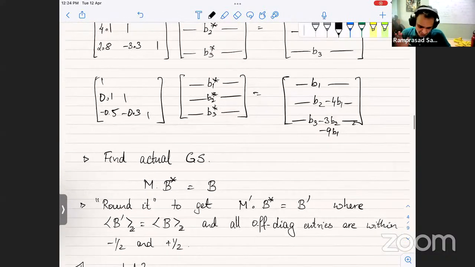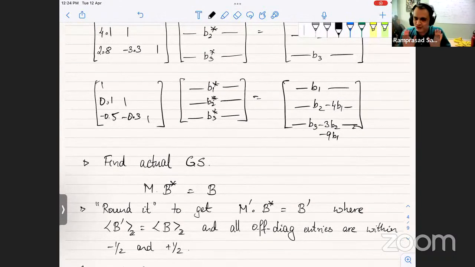Okay, so anyway, what I'm trying to say is that the part of the algorithm we have come up with so far is just the following. We'll do Gram-Schmidt, which is the standard Gram-Schmidt, but use this as a guide. And once you get m times b star, you try to round off m as best as you can.